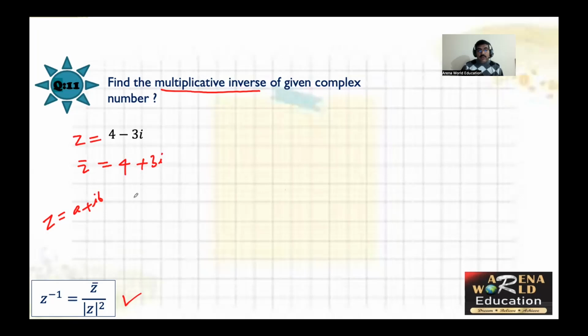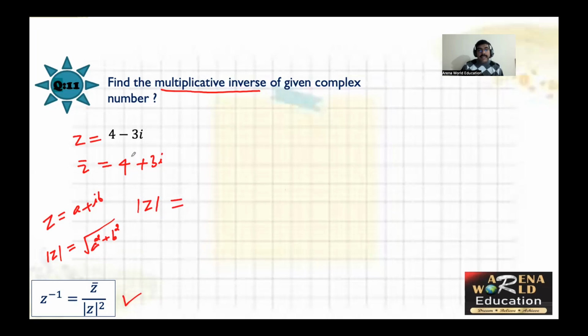Now coming to modulus Z. When we have A plus iota B, I'm writing the formula: modulus Z will be the square root of A square plus B square, means square of the real part plus square of the imaginary part, then whole under root.